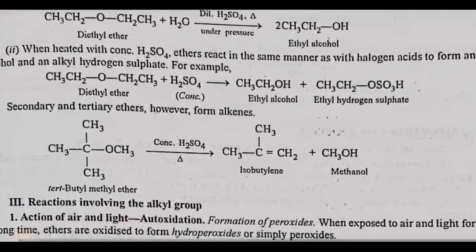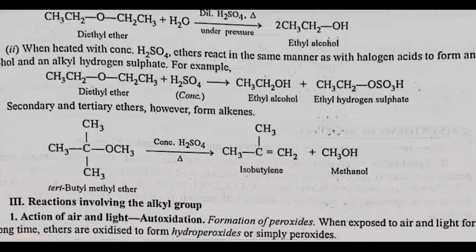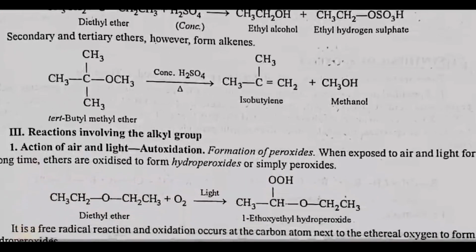Second, when heated with concentrated H2SO4, ethers react in the same manner as the halogen acids to form an alcohol and an alkyl hydrogen sulfate. For example, diethyl ether with concentrated H2SO4 gives ethyl alcohol plus ethyl hydrogen sulfate. Secondary and tertiary ethers, however, form alkenes. Tert-butyl methyl ether in presence of concentrated H2SO4 gives isobutylene plus methanol.